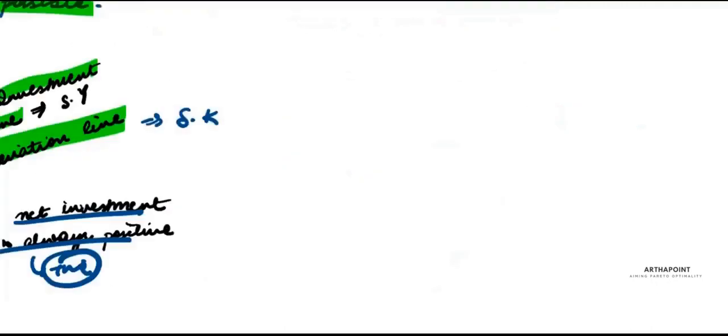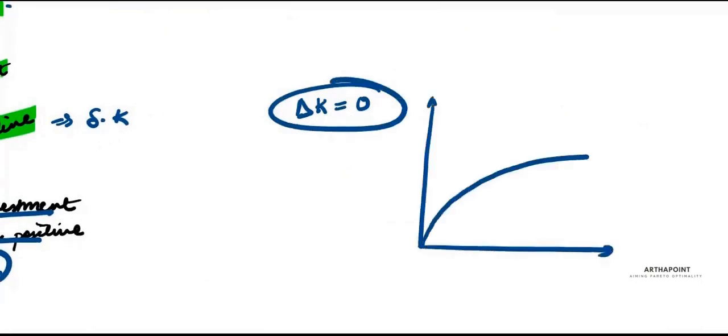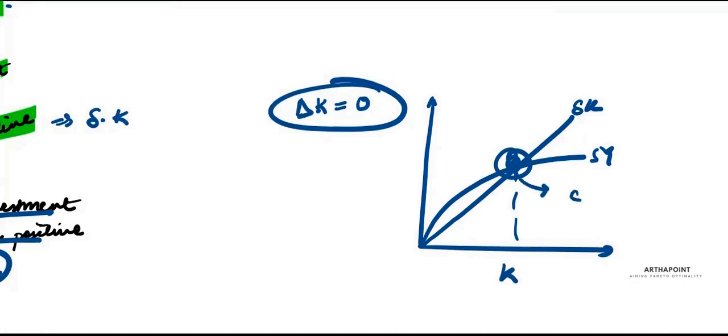So unlike the Solow model where the change in K, or the net investment, became zero after a point because sY and delta K were meeting, so at this capital, sY was equal to delta K, investment was equal to depreciation and the capital stopped growing.